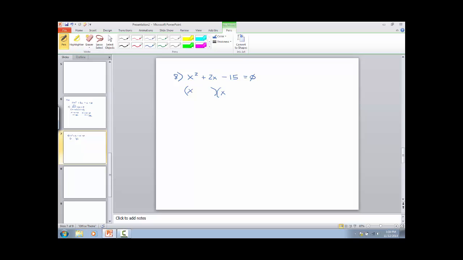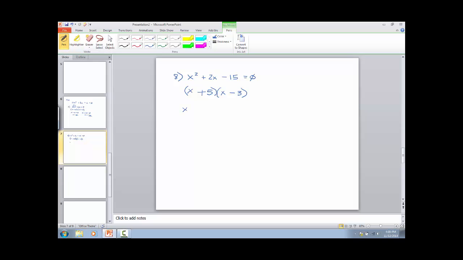So I think if we use 5 and 3, we should get near that 2 in the middle. It's a negative number, so 1 has to be negative and 1 has to be positive. It's a positive in the middle, so our bigger number has to be positive. So that will be 5 and that will be 3. So let's check 5x and negative 3x. Yes, that brings us to 2x.